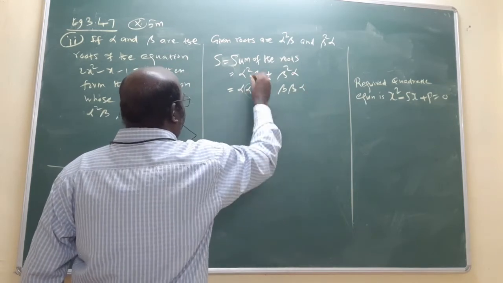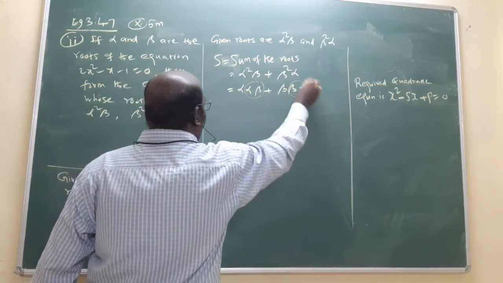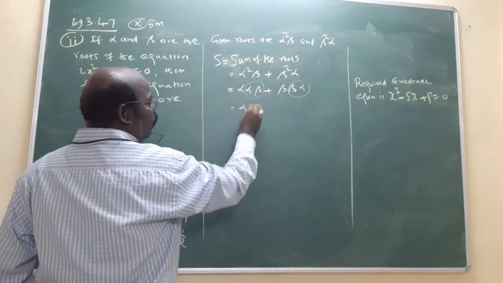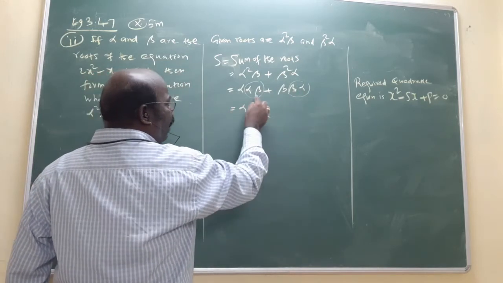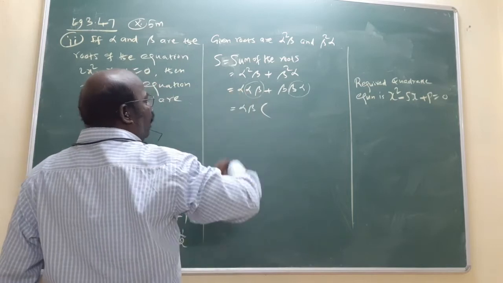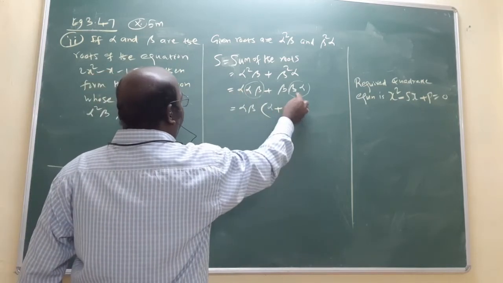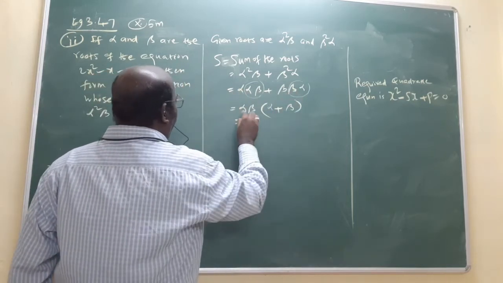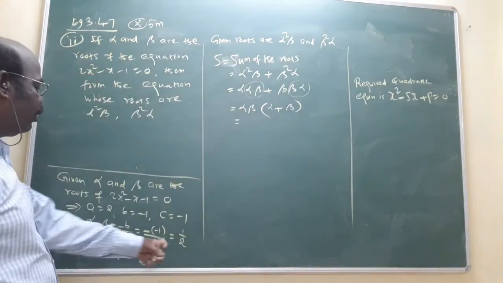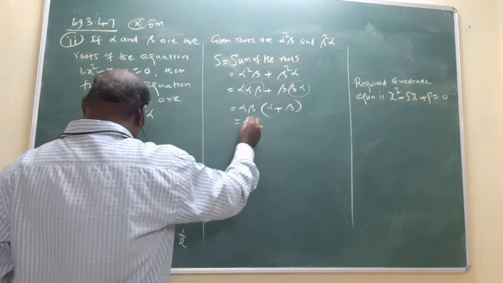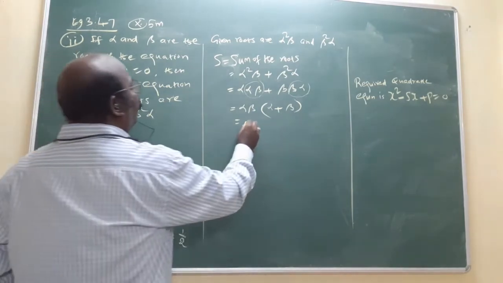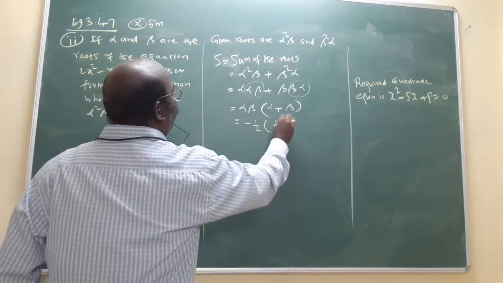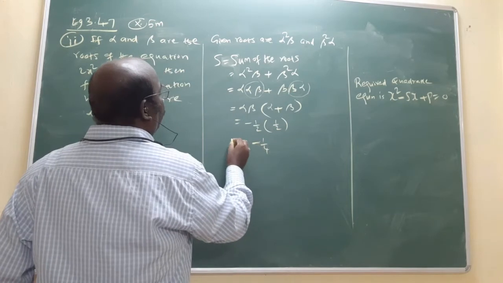Alpha beta is common, taken outside. After taking alpha beta, one more alpha is there and one more beta is there, so alpha plus beta. Alpha beta is minus 1 by 2, alpha plus beta is 1 by 2. Multiply both: minus 1 by 4.